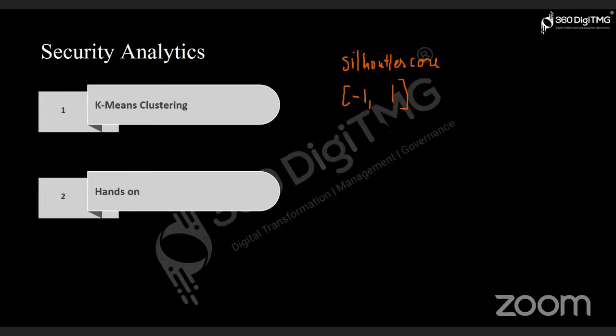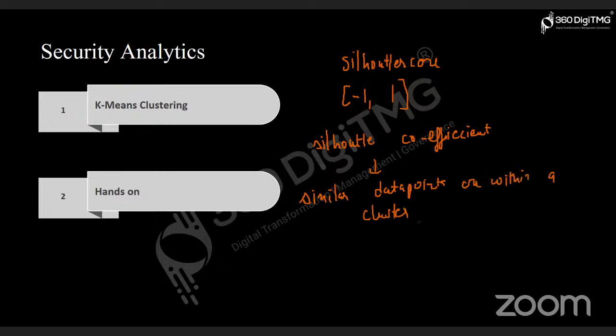So again, this is calculating the silhouette coefficient. This is going to give us how similar data points are within a cluster. Okay, so we can determine how similar these data points are within a cluster.